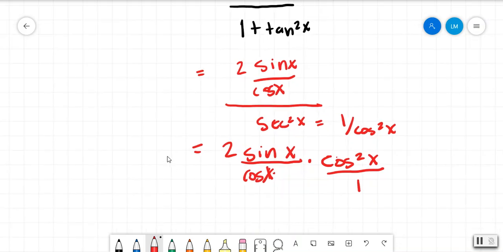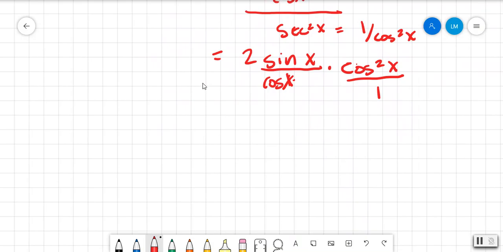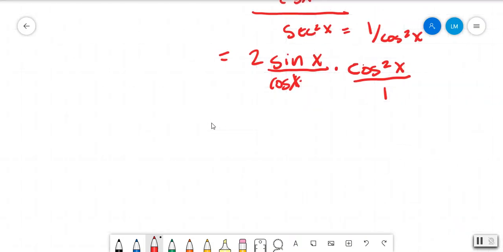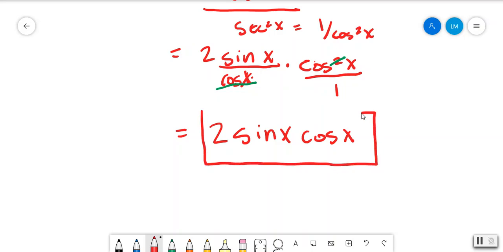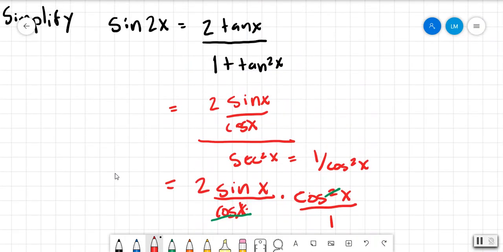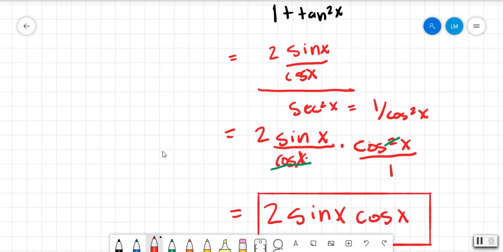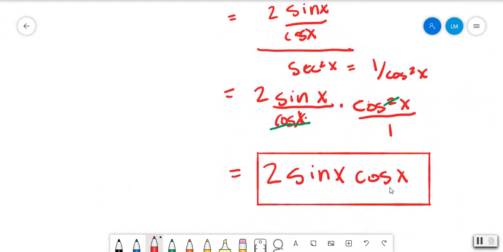Now what this tells me is that one of the cosines definitely cancels out. That's going to leave me with 2 sine of x cosine of x, and that's it. So notice that it basically gave me whatever sine 2x is equal to, and we know that sine 2x is equal to 2 sine x cosine of x.